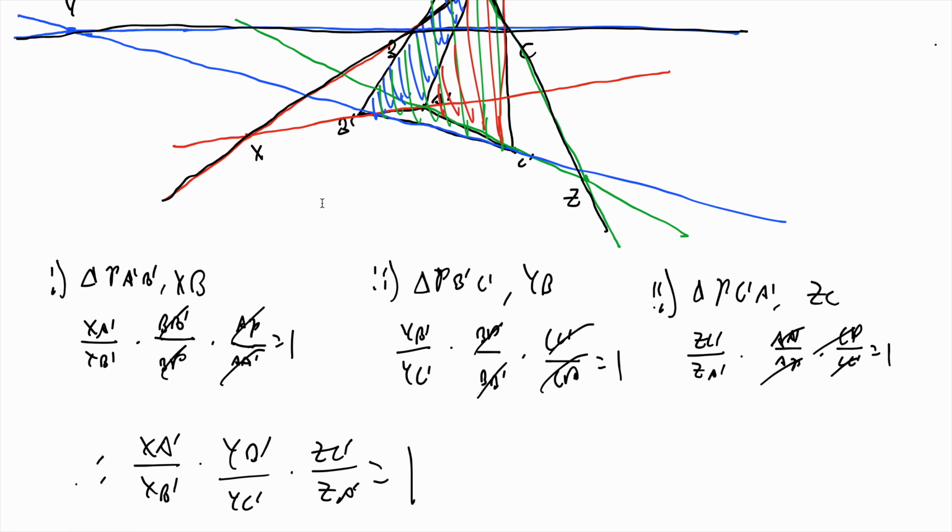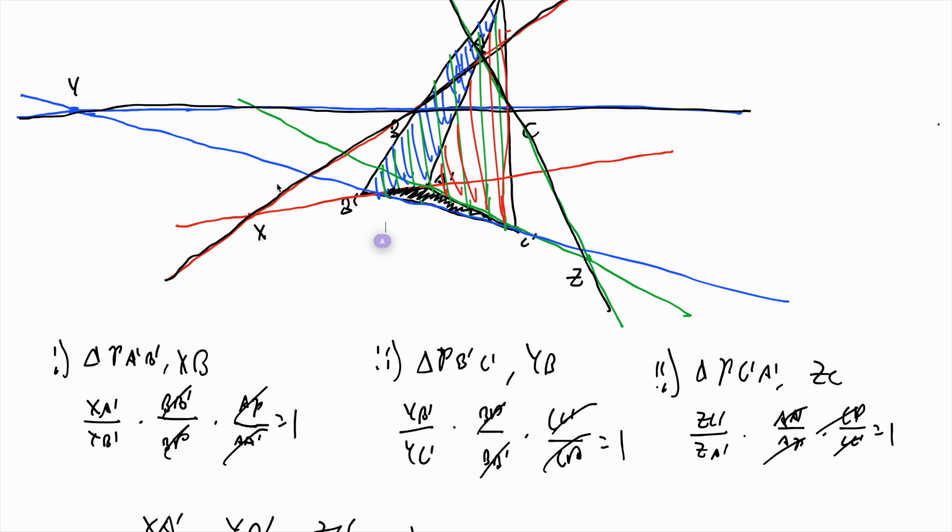So let's consider the triangle A prime B prime C prime, which is right here, and points X, Y, and Z. You know that X is on AB, Y is on A prime B prime, and Z is on B prime C prime, and Z is on C prime A prime.